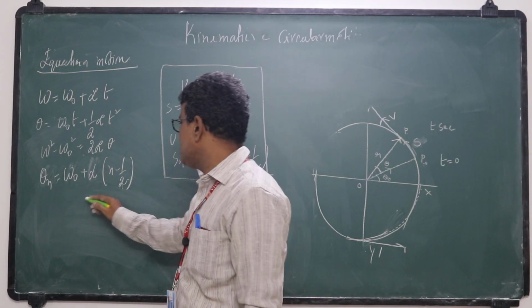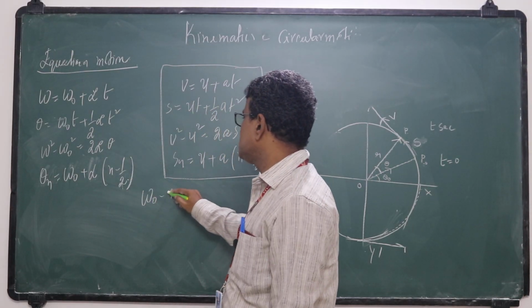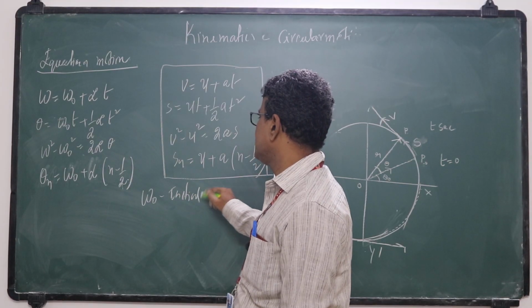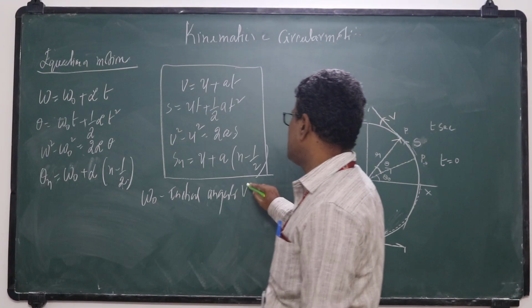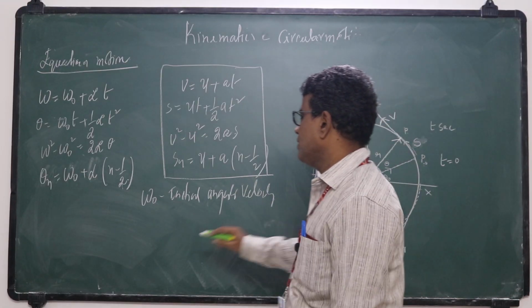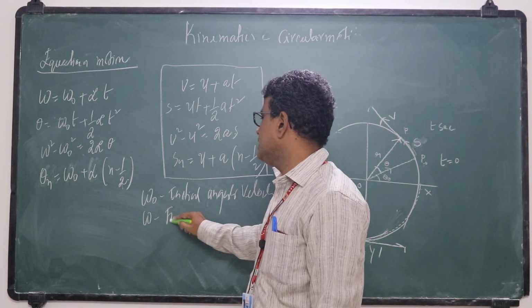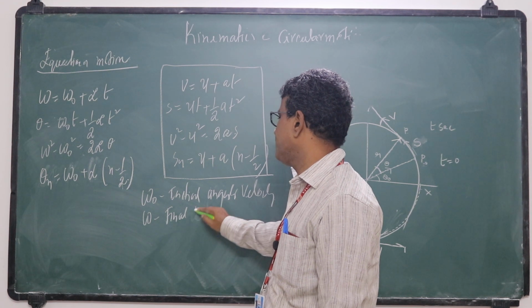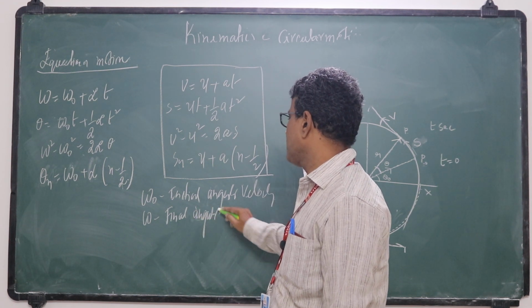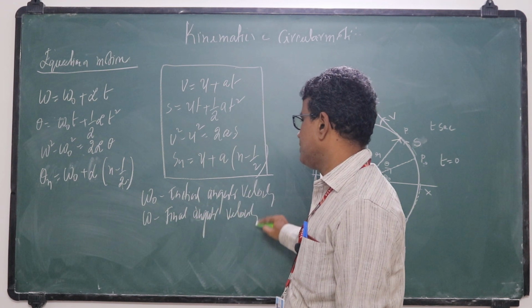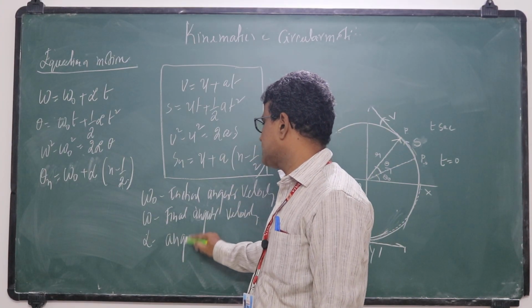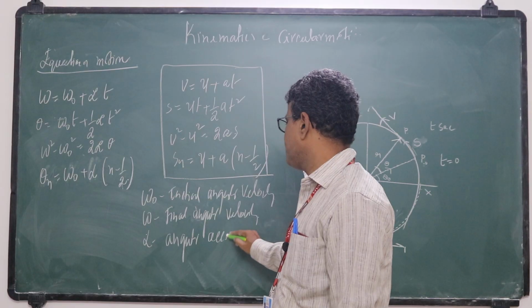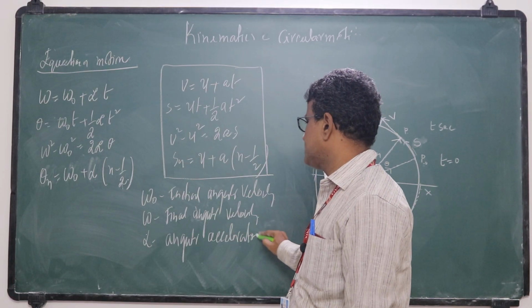What is omega naught? Initial angular velocity. What is omega? Final angular velocity. What is alpha? Angular acceleration.